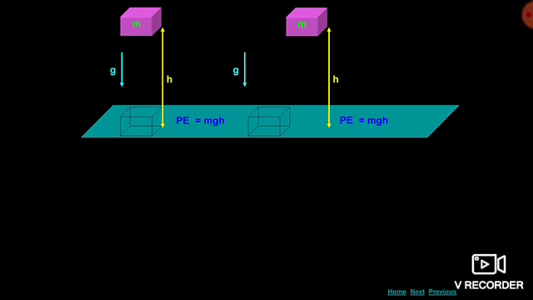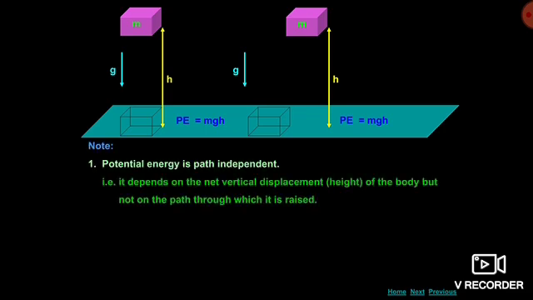In both conditions, potential energy is mgh, because potential energy never depends upon the horizontal displacement. Clear? It only depends upon the vertical displacement. Now potential energy is path independent, that is, it depends on the net vertical displacement, the height of the body, but not on the path through which it is raised.